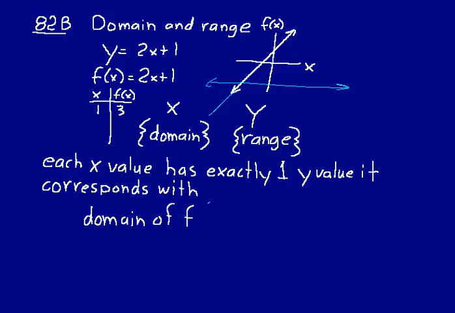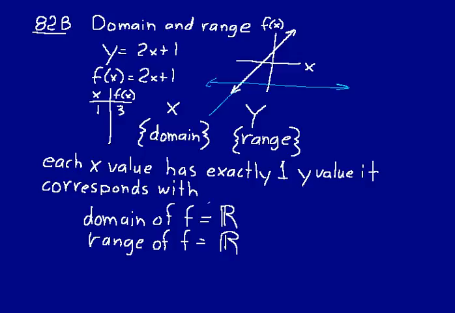So what we would say for an answer down here at the bottom is the domain of f equals, and we could just use this symbol right here. It's kind of a strange looking R, and that means the set of all real numbers. We do the same thing for range: the range of f is equal to all real numbers as well.